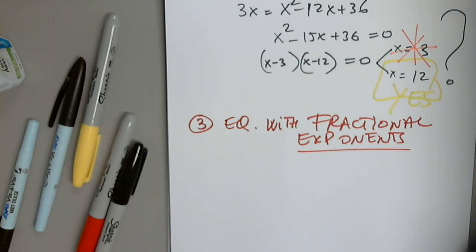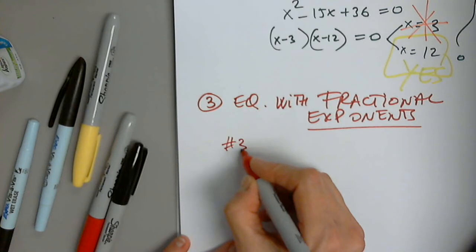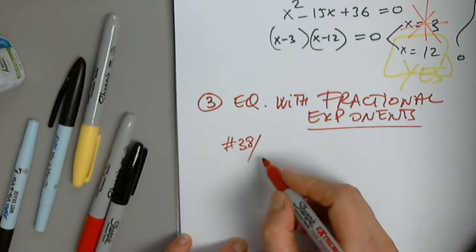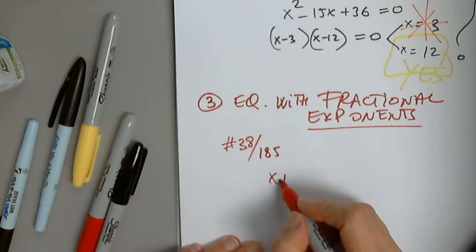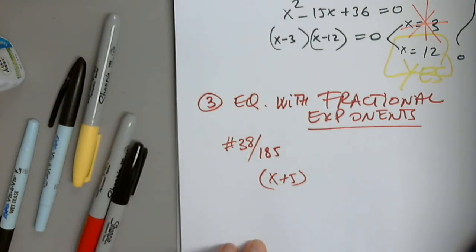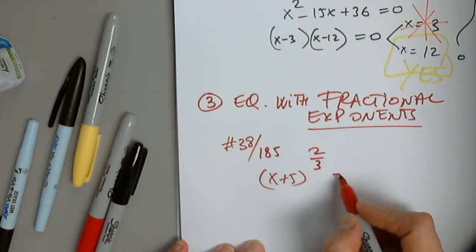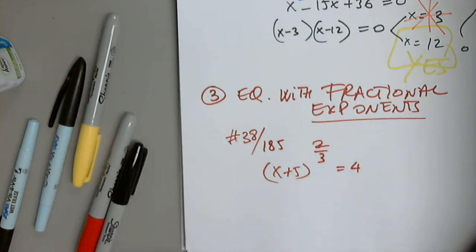Yes, we're not going to look at very sophisticated ones, just simple ones. Let's say number 38 on page 185. They are not friendly equations. Not trivial, not really friendly.